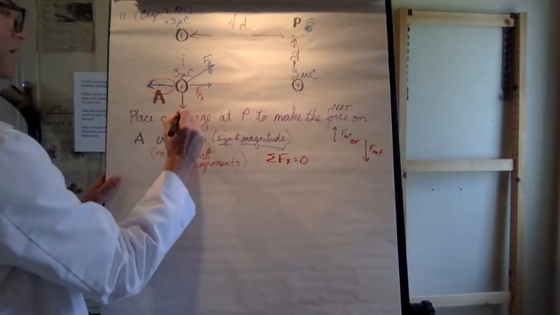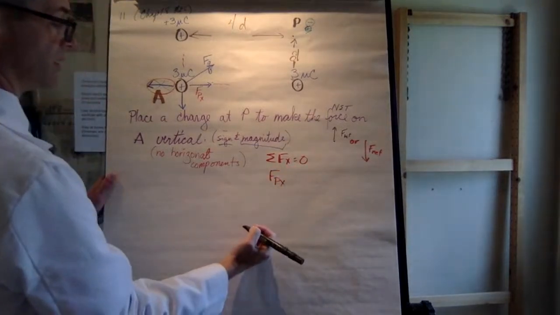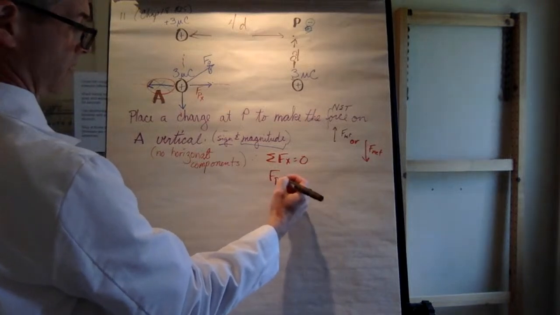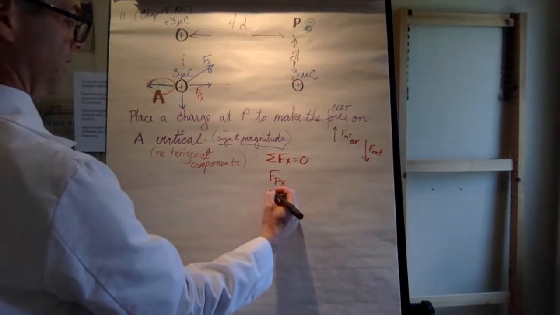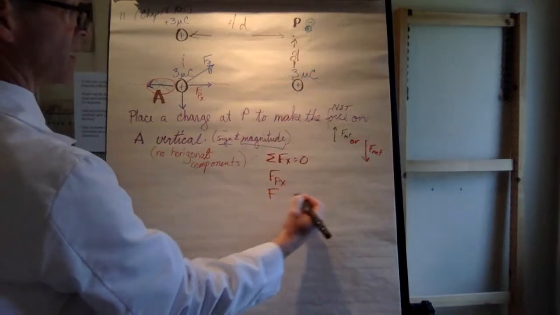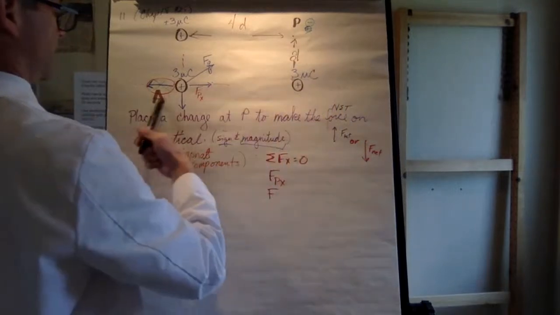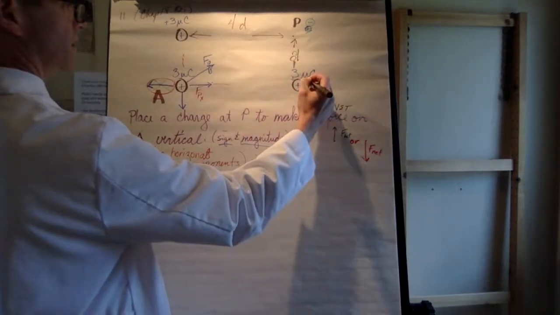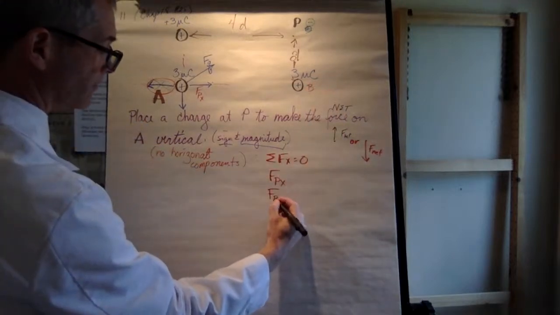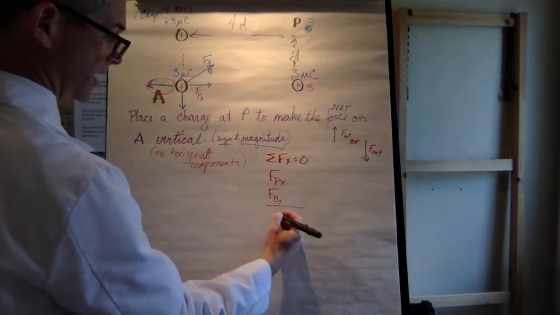Let me put these on there. So F_P in the x direction has to equal, and then F from that other charge, I'll call that B, F_B in the x direction, so when they add up, they have to equal 0. Hey, look.